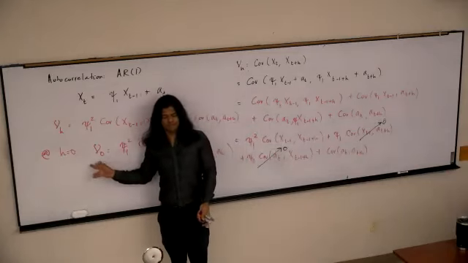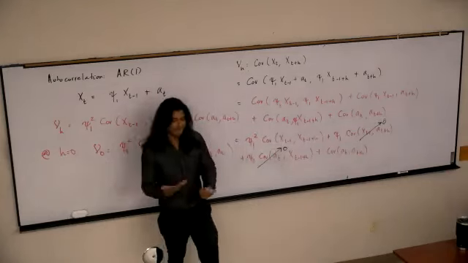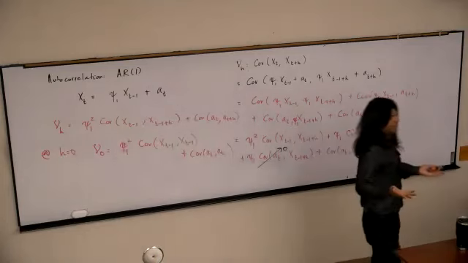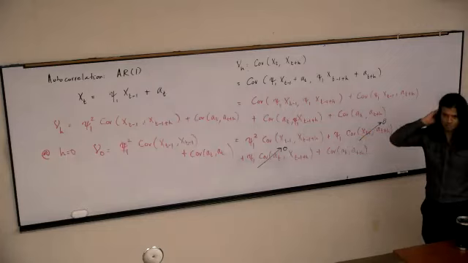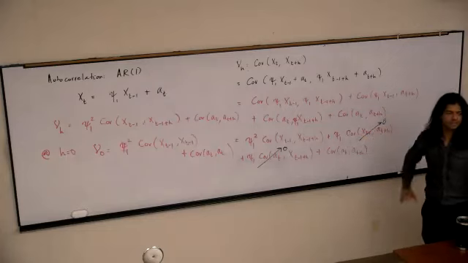In terms of covariance and variance, gamma naught, it is a variance of what? What am I finding the variance of when I find gamma naught?